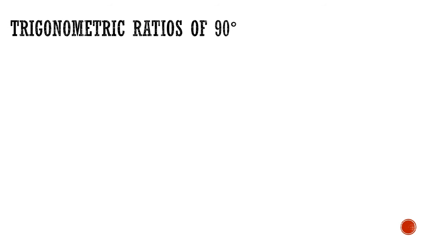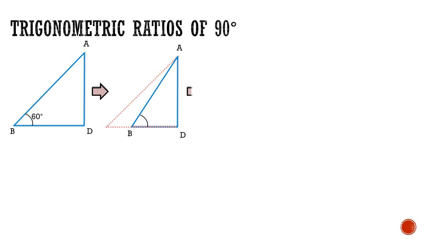Similarly, we shall be taking into consideration the case where the angle is taken equal to 90 degrees. So what will happen? Likewise, we decreased this angle in the previous case to make it 0. Now we shall be increasing it such that it becomes equal to 90 degrees.